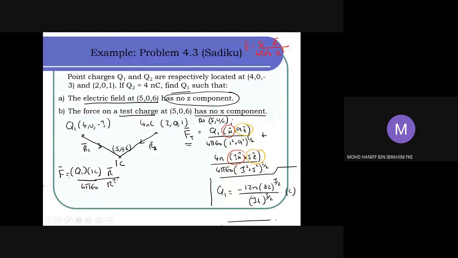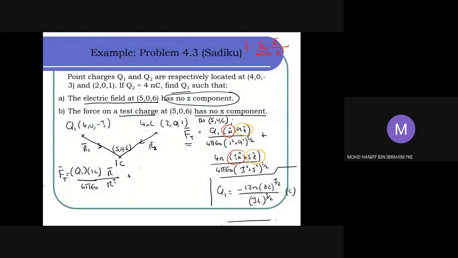That is the force from the charge Q1 to the 1 coulomb charge. Similarly, the total F on the 1 coulomb charge plus the force due to the 4 nanocoulomb charge on the 1 coulomb charge.